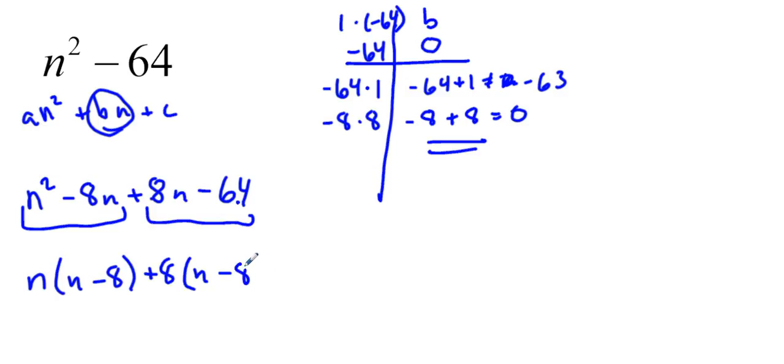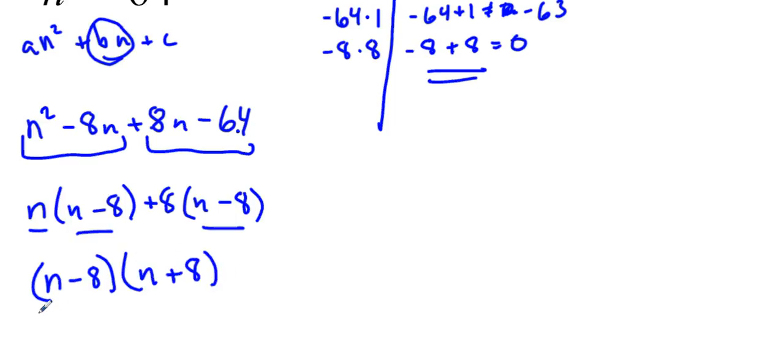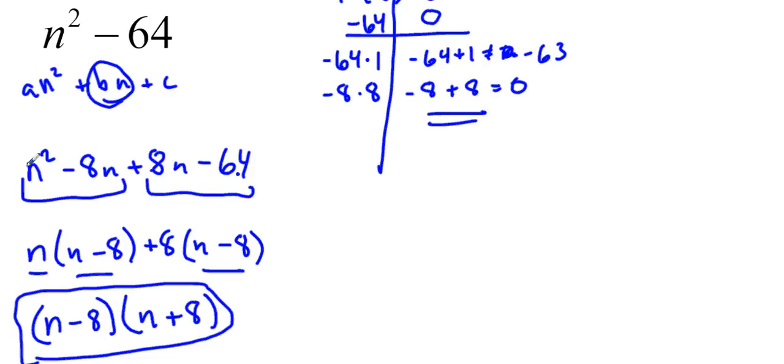We get negative 8. Notice once again, same n minus 8. So we factor out n minus 8. What do we have left over? N plus 8. And that is what we call the difference of squares, but also how we can use the AC method to even factor these types.